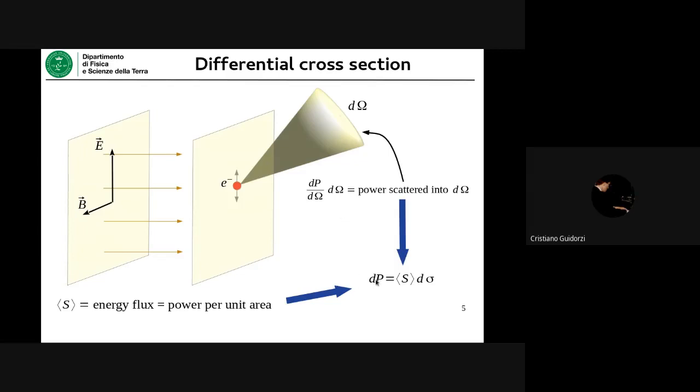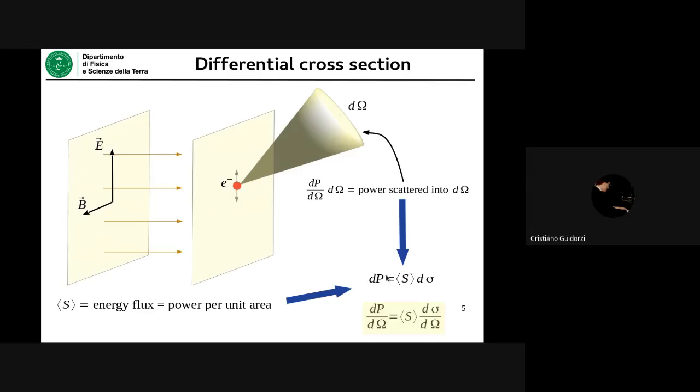You can think of this power as the result of the flux which is coming through the electron. The flux is energy per unit time per unit area, times an area which must correspond to that solid angle. So this is the capability of the electron of scattering a given amount of energy towards that direction.